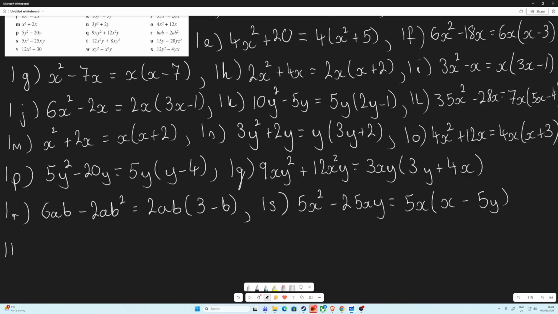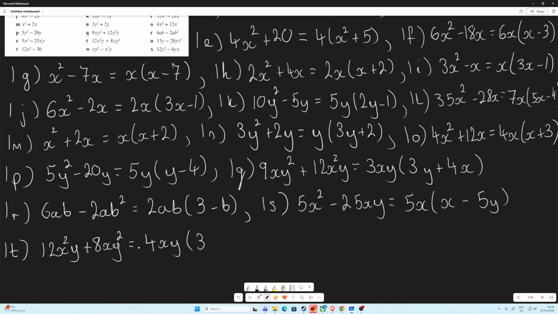1t, 12x squared y plus 8xy squared. Okay, what we have here, we'll take 4xy as a common factor.